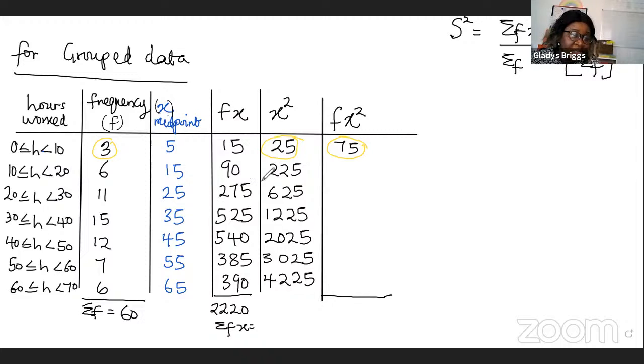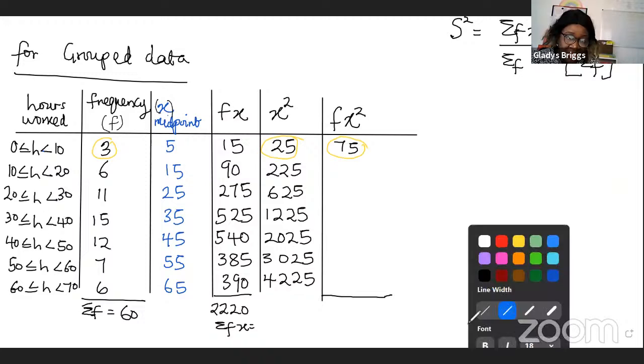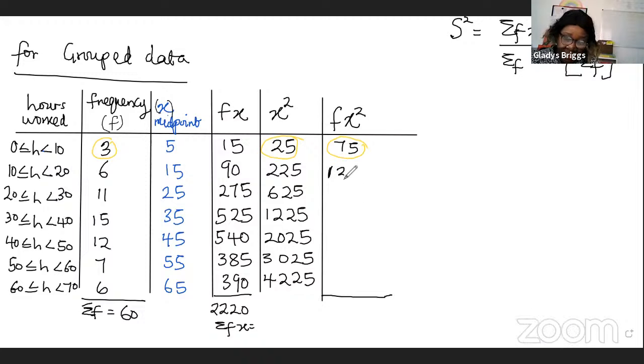Okay, 6 times 225 is 1,350. 11 times 625 is 6,875. 15 times 1225 is 18375.